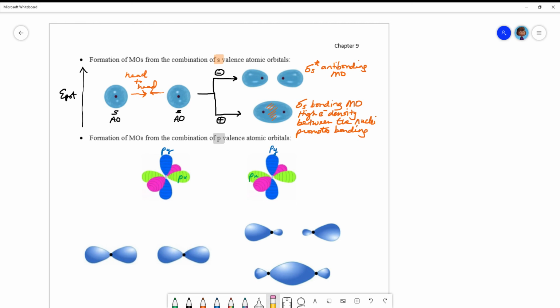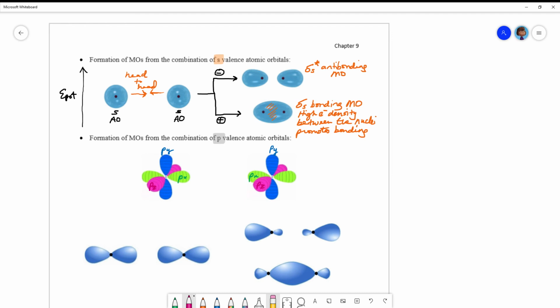And this one that's going diagonally, coming out of the page, going into the page, clearly is our old friend, the pz orbital. So let's color code it, pz. Okay, now let's start pushing these orbitals closer and closer together.